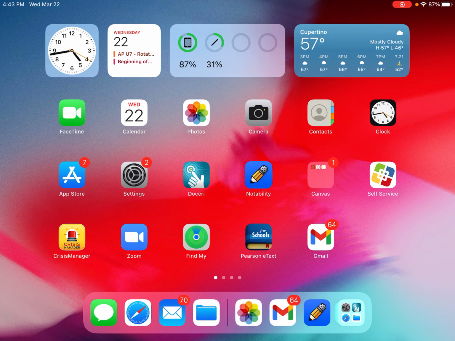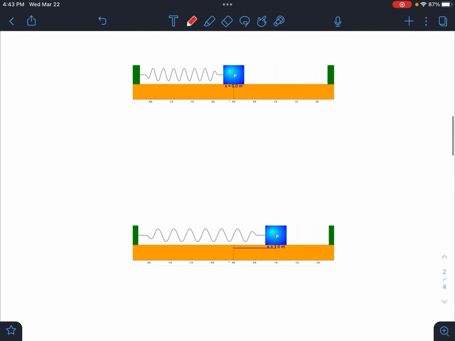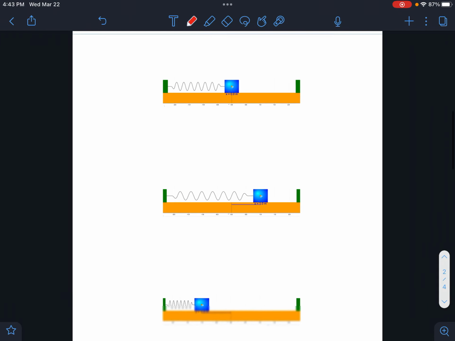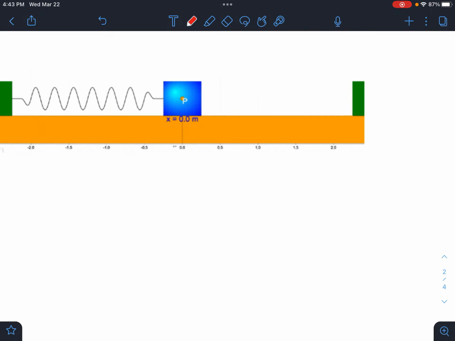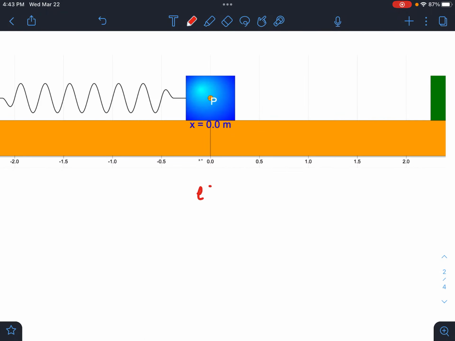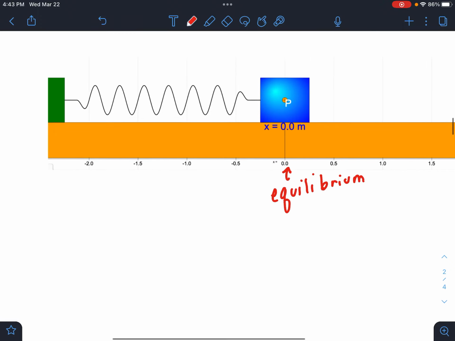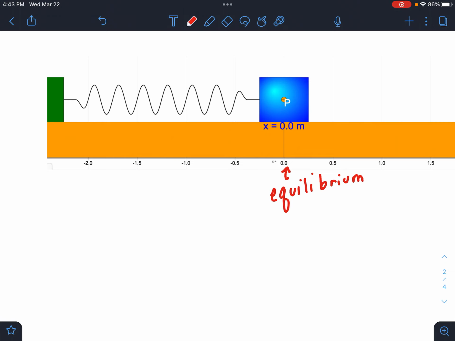Just to make sure you have all the positions, right here would be the equilibrium. I'm going to zoom in here. This is the equilibrium position of the box-spring system, right there. This is also the natural length or the relaxed length of the spring.